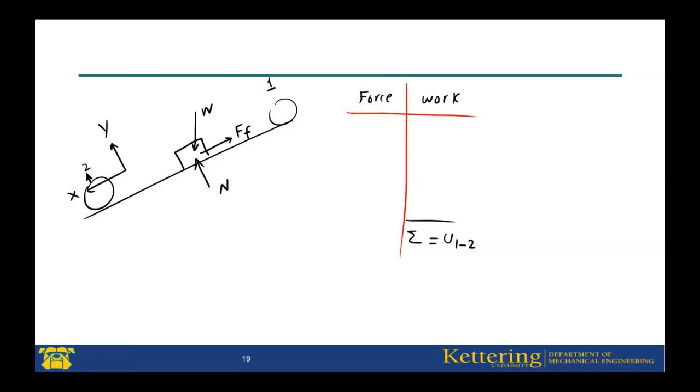What forces do I have? I have the normal force. I have the frictional force. Also, I can find the components of the weight along x and y. If this angle is 15 degrees, what is the component of the weight along the x?